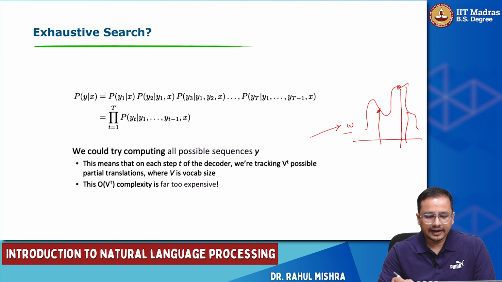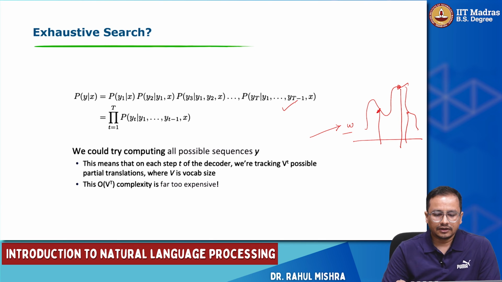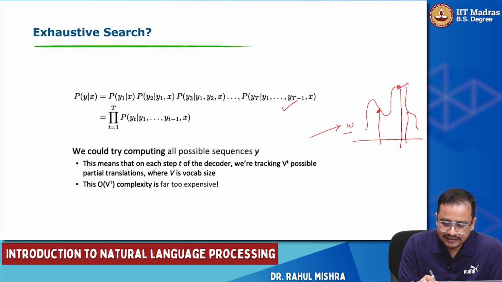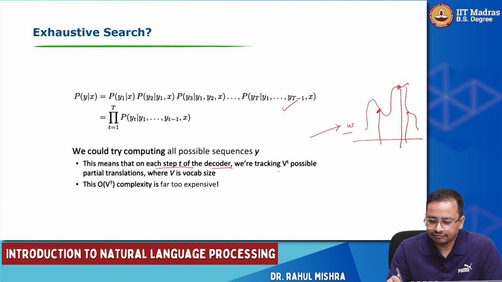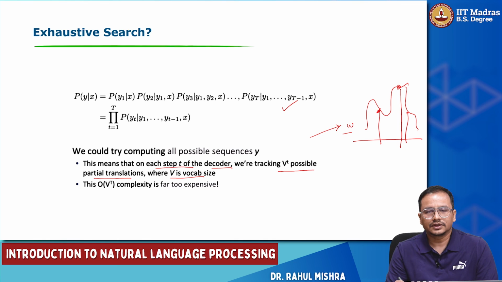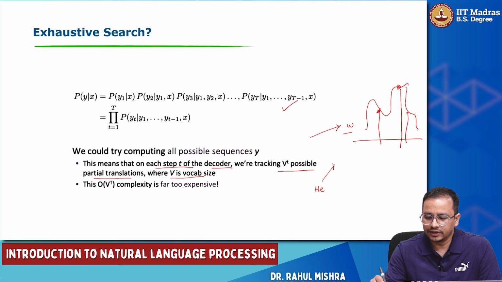To do that, we have a very familiar equation which we had already seen in previous slides. At each step t of the decoder, we can have V raised to the power t possible partial translations, where V is the vocab size. Let's say we generated he already, and the next true word is hit.